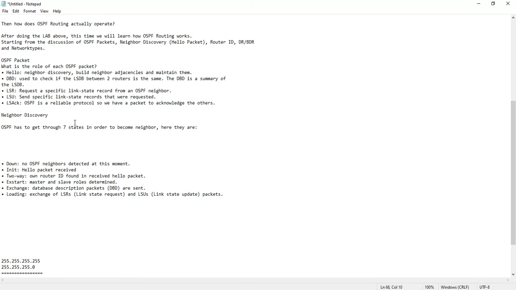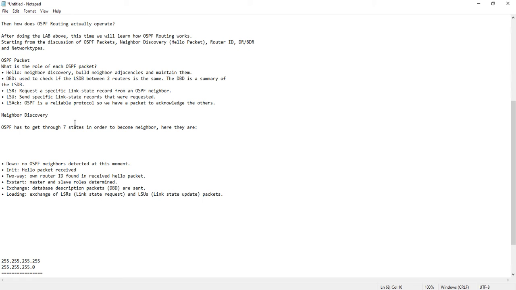Okay, OSPF packets. What is the role of each OSPF packet? Hello is the neighbor discovery: it will discover, establish, and maintain neighbors. DBD is used to check if the LSDB between two routers is the same. The DBD is a summary of the LSDB.